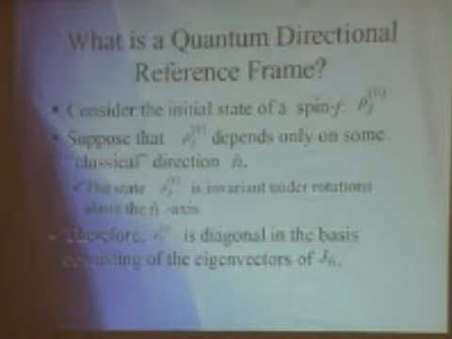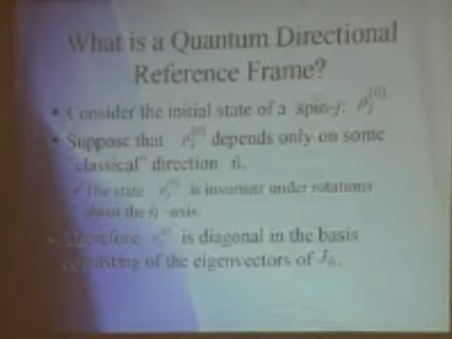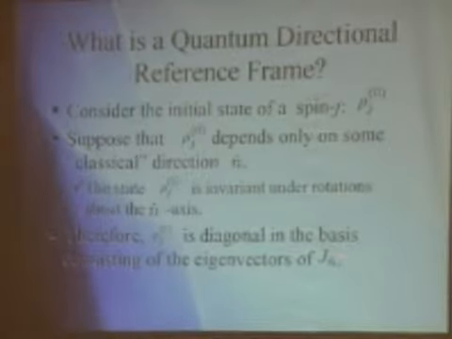So what we can say is that the state rho J0 must be invariant under rotation about the n axis. And this implies directly that rho J0 is diagonal in the basis constituted of the eigenvectors of the angular momentum operator in the n hat direction.